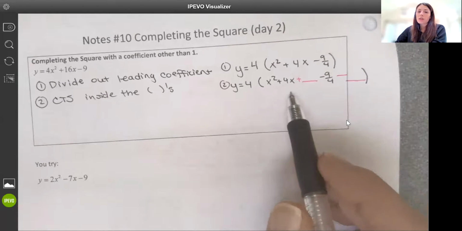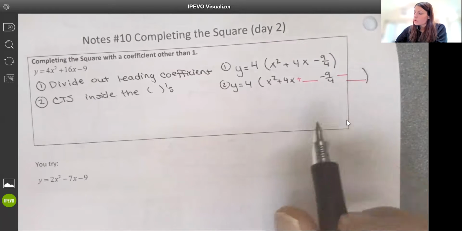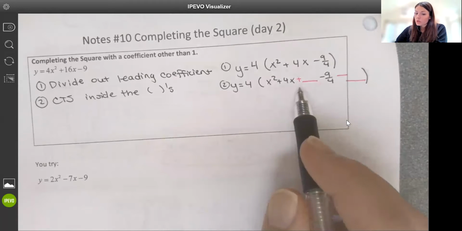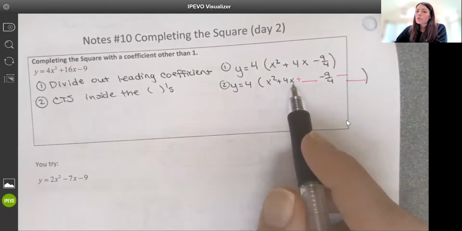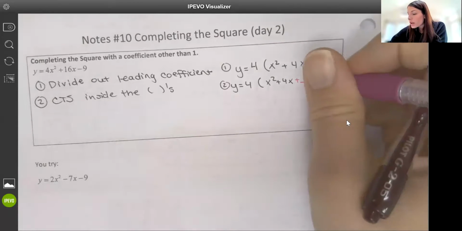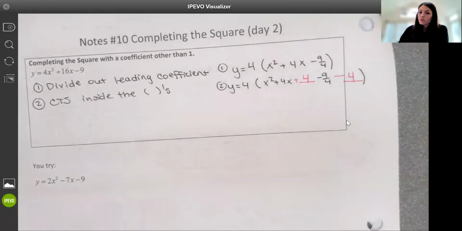To do that, we do b over 2 squared, so 2 squared, or 4. I'm going to add 4, and I'm going to take away 4 at the end.